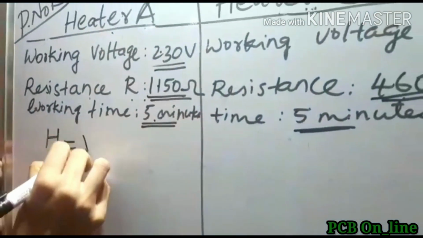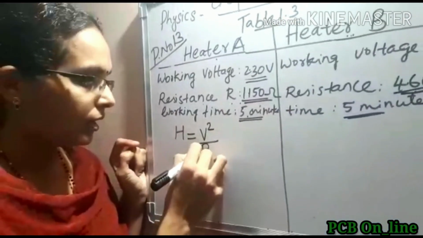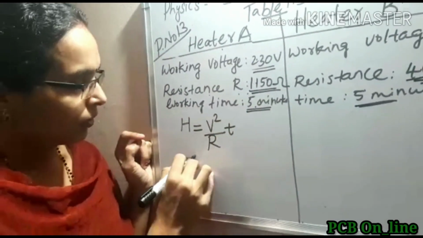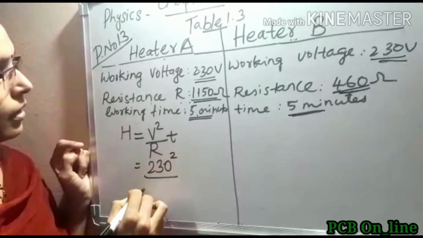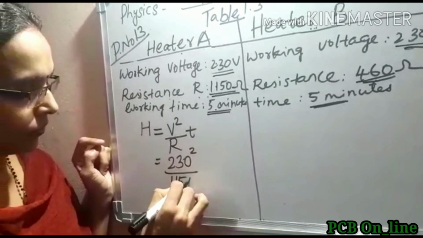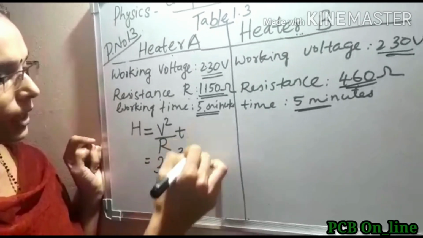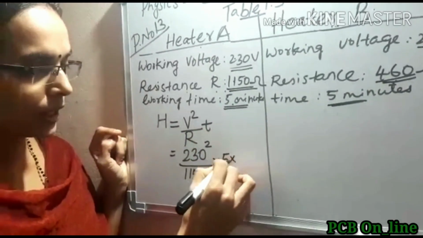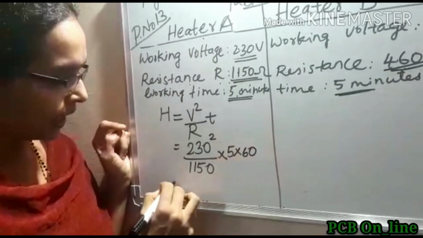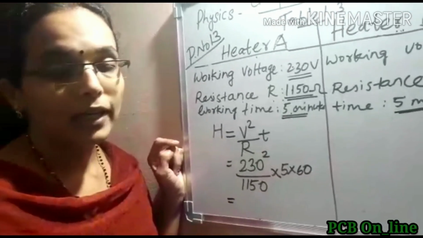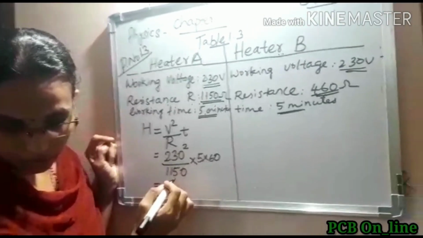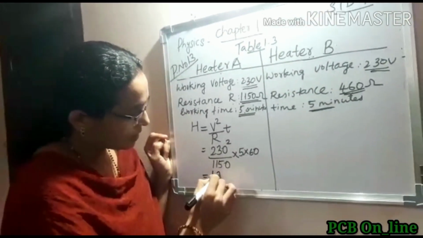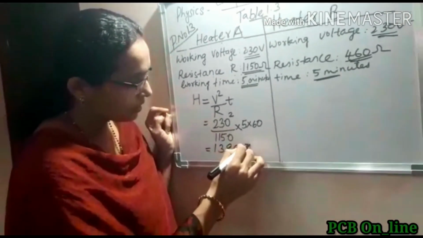V is 230 squared by 1150 into T, which is 5 minutes, that is 5 into 60 seconds. On simplifying this, we will get 13,800 joules.